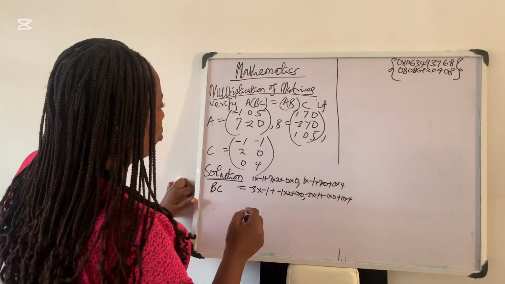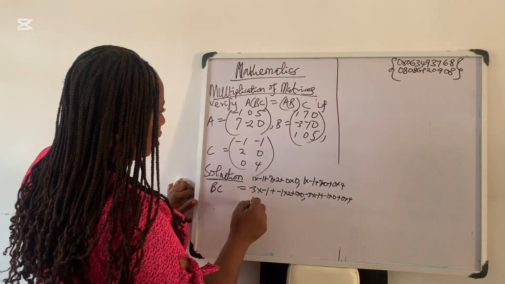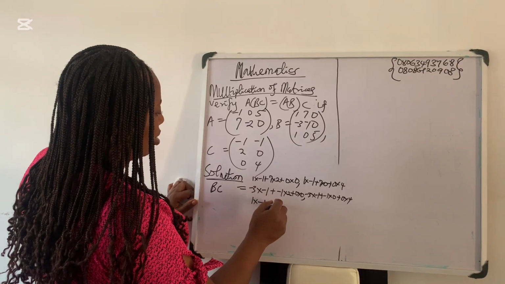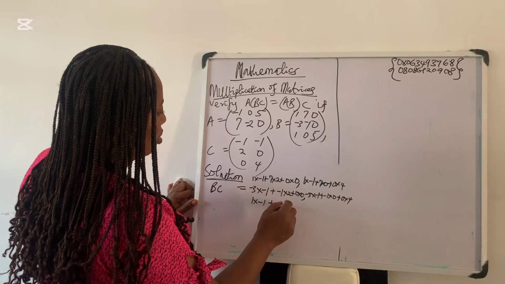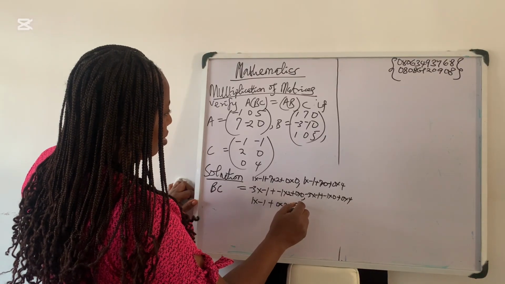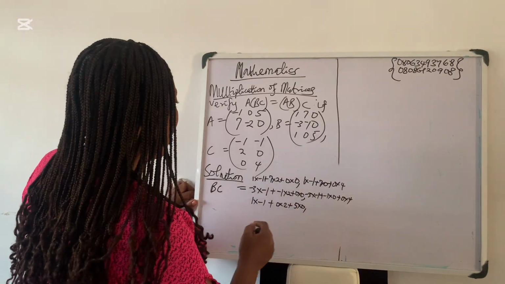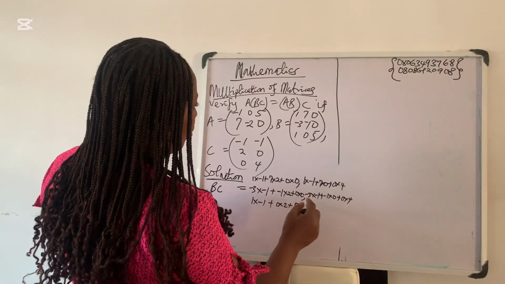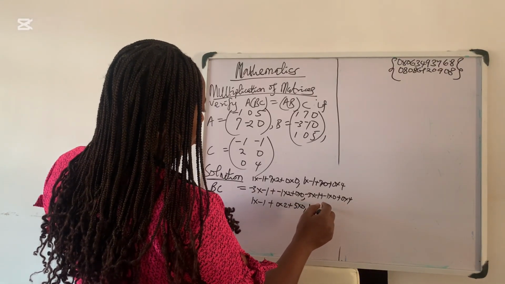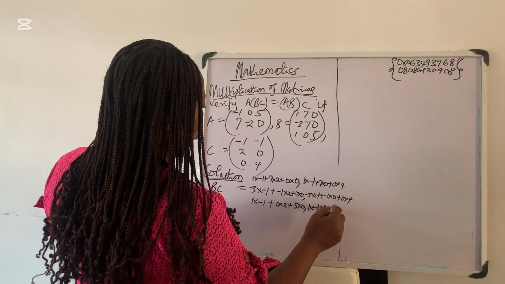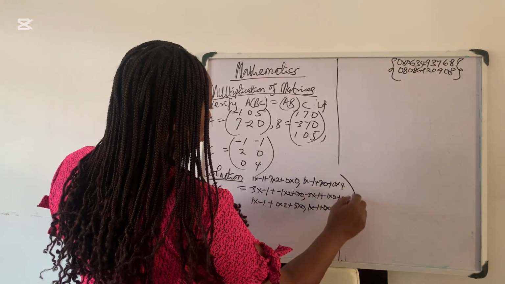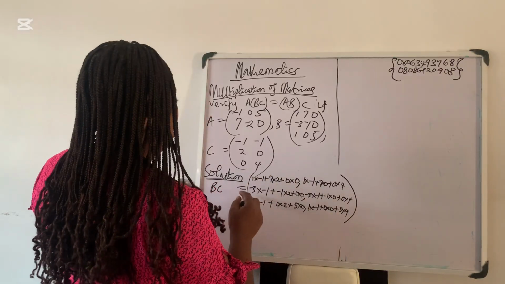Continuing with the last row: 1 times minus 1 plus 0 times 2 plus 5 times 0. Right? The next one: 1 times minus 1 plus 0 times 0 plus 5 times 4, all enclosed in the brackets.